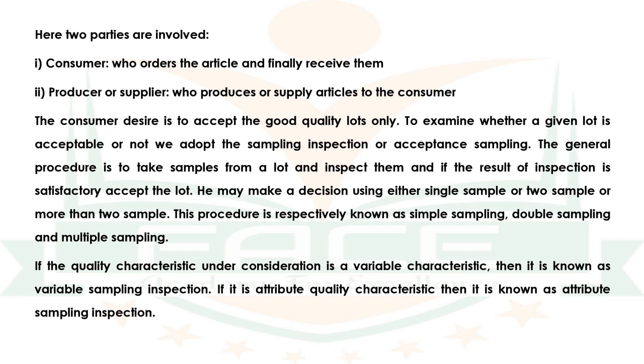This procedure is respectively known as single sampling, double sampling and multiple sampling. If the quality characteristic under consideration is a variable characteristic, then it is known as variable sampling inspection. And if it is an attribute quality characteristic, then it is known as attribute sampling inspection.